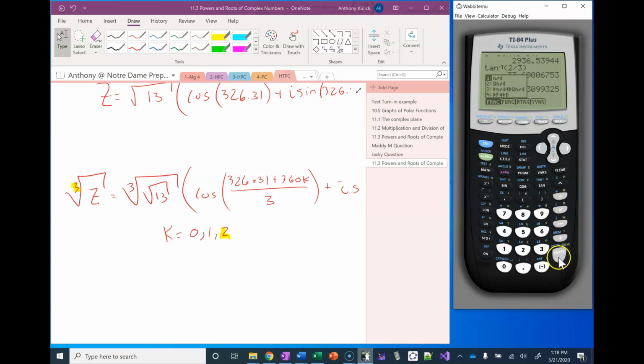So I did alpha and y equals to get that fraction command. So I have 326.31 plus 360 times 0 over 3. Again, I'm plugging in that first value of k right now.